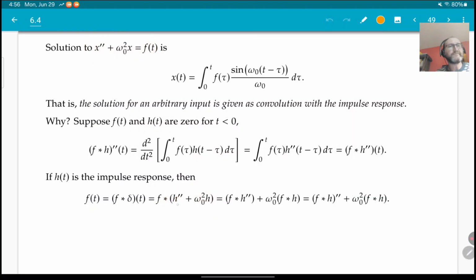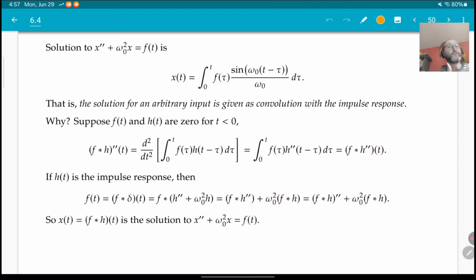I will just use the linearity of the integral. We can convolve here, and then use that f convolved with h double prime is f convolved with h double prime. So we get this thing, and that's just f.